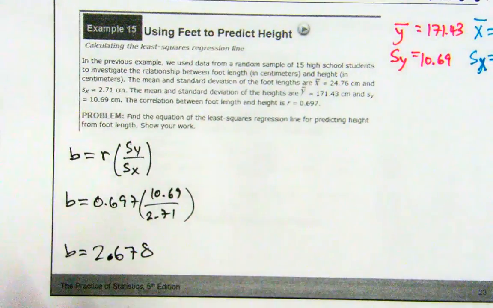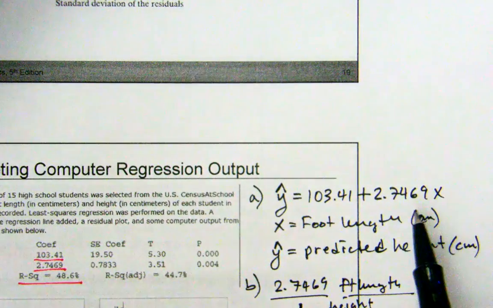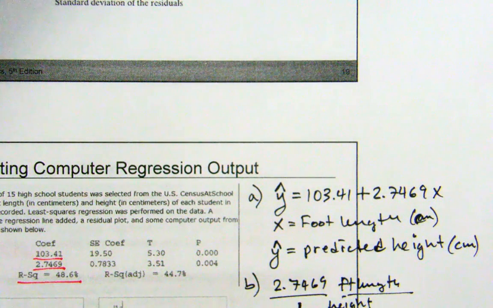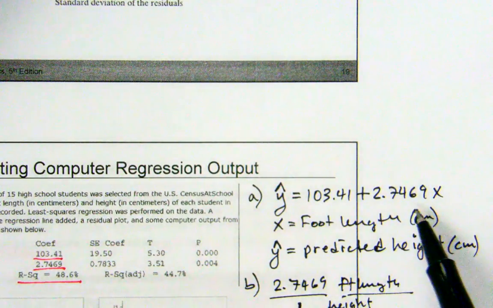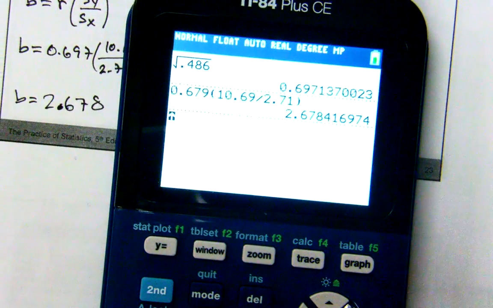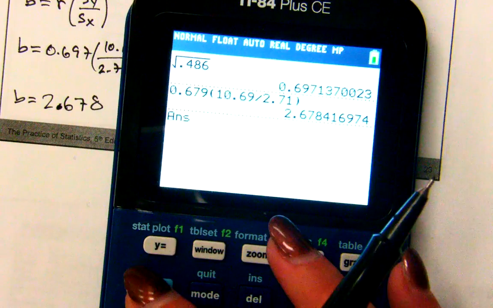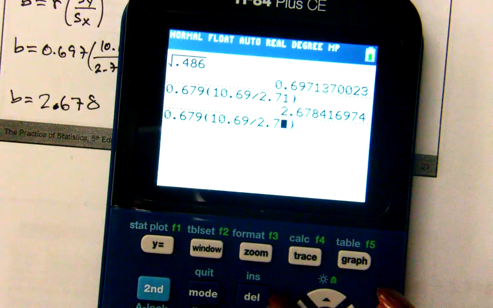All right, so I'm going to check because I can't remember what we just got. Okay, I guess we're off a little bit. Why are we off so much? Did I type that in correctly? Oh, I totally just transposed those numbers. No, go back. There you go.